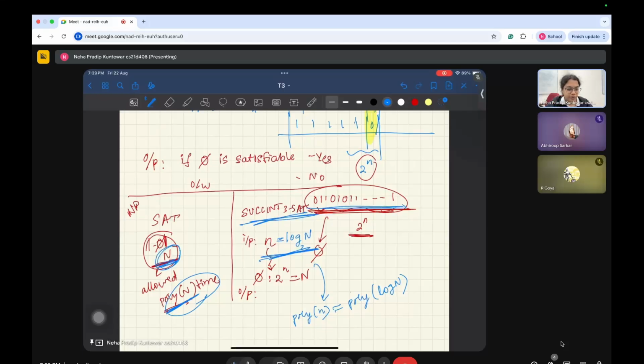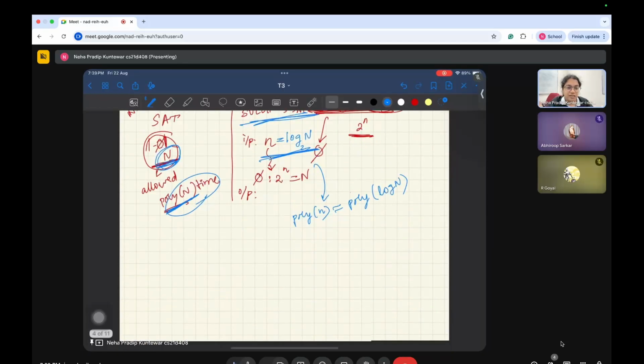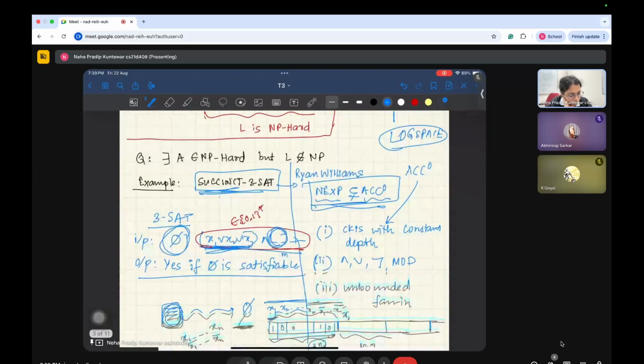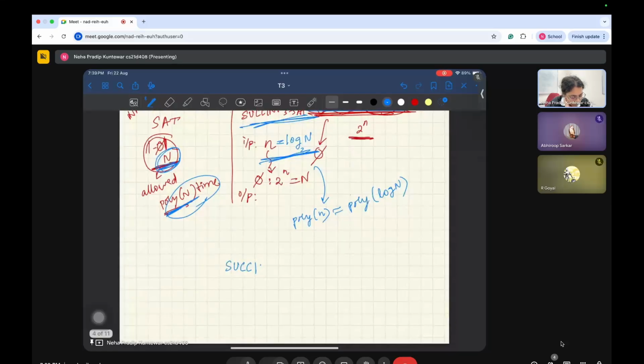But in their paper they actually do show that it is hard for NP. In this paper that I talked about, succinct 3 SAT is NP hard.